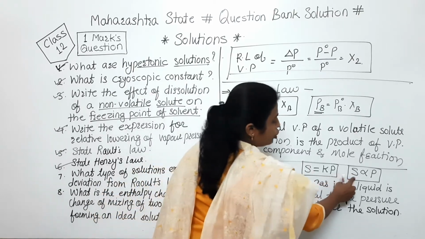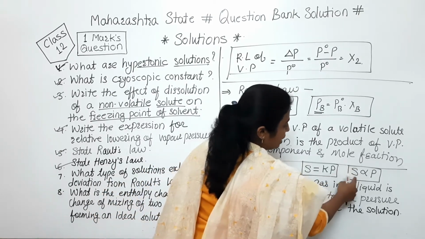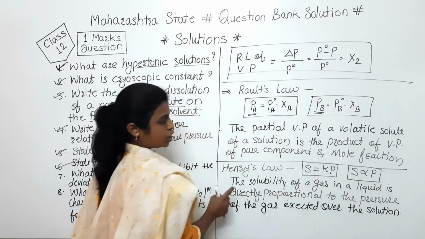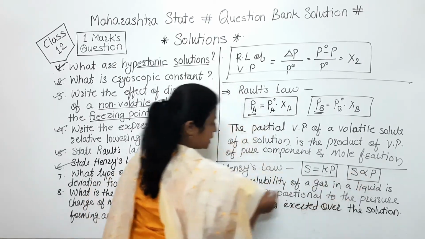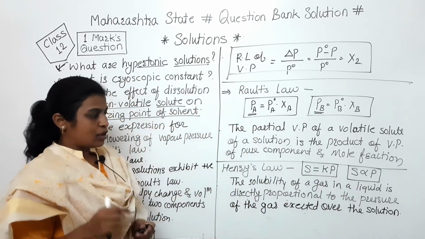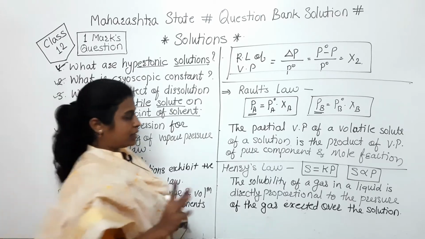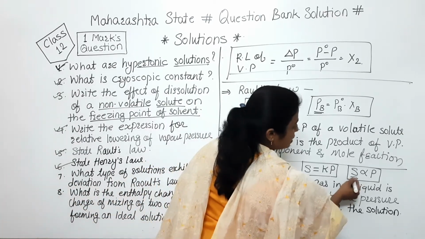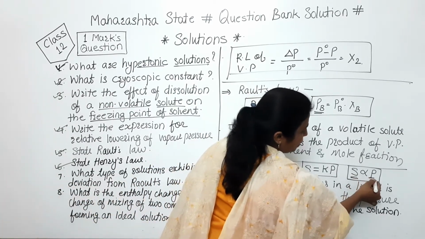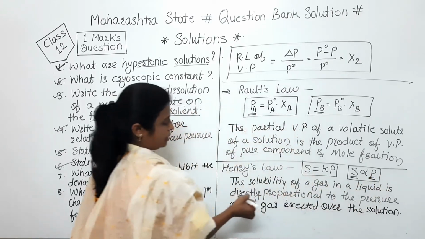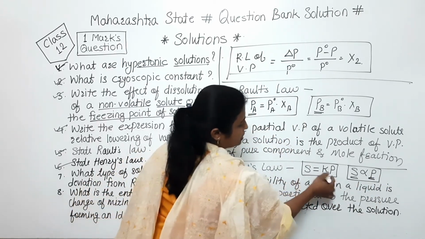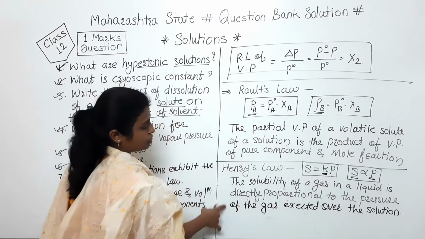See, the solubility of gas in a liquid is directly proportional to the pressure exerted by the gas over the solution. That is the simple statement. S is the solubility of gas, P is the pressure exerted, and K is the proportionality constant. So this is the statement.